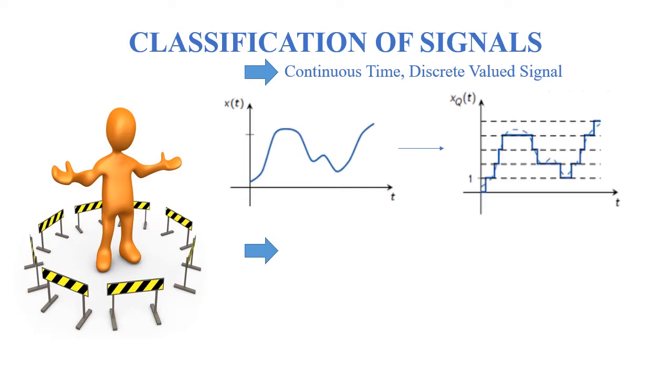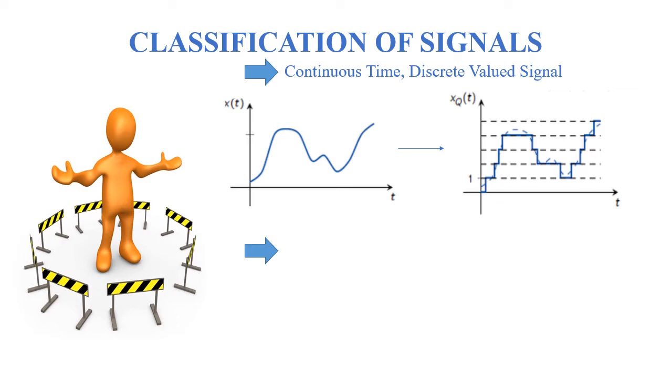Instead of defining all the values in the amplitude, we are going to have only a specific set of values. This discrete valued signal is nothing but the integers of the continuous valued signal. For example, if I have an amplitude of 0.1, it will be marked at 0. If I have an amplitude of 1.5, it will be taken to 2. Like that, we will be defining for every time instant.